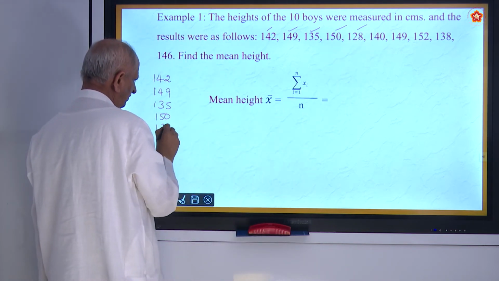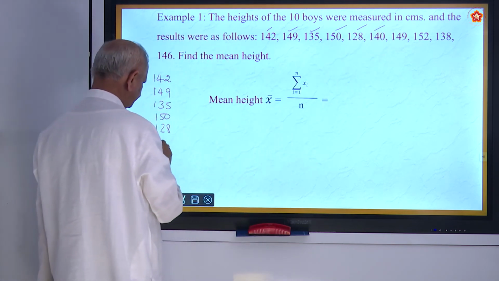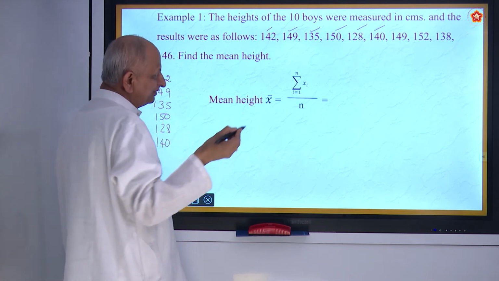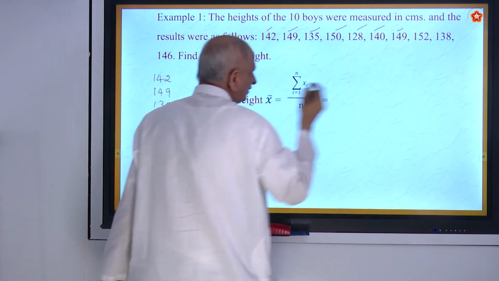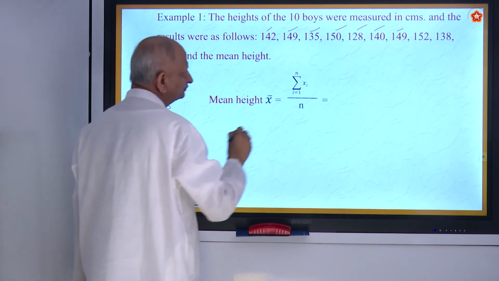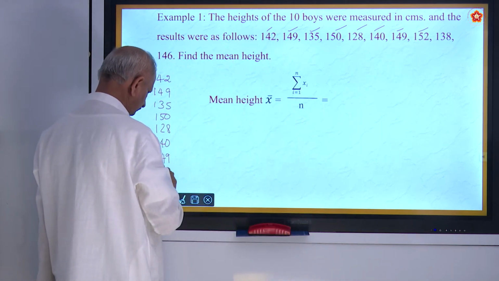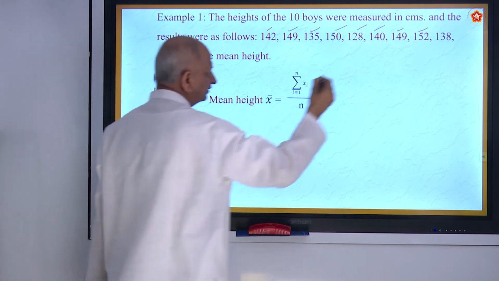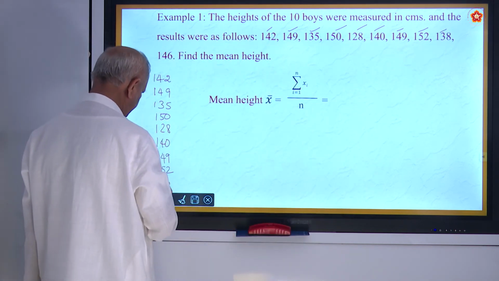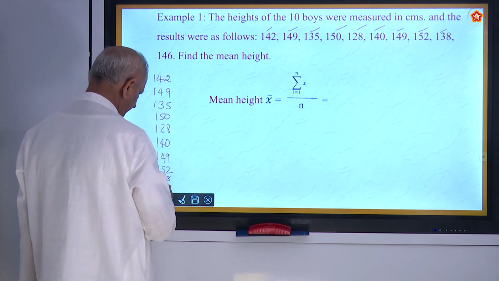You must be careful, and while adding also. Next is 140. Take down. Are you taking it down? Then and there you must take down, okay? 149. Next is 152. Next is 138. And last is 146.